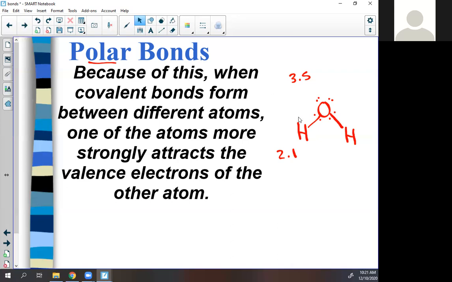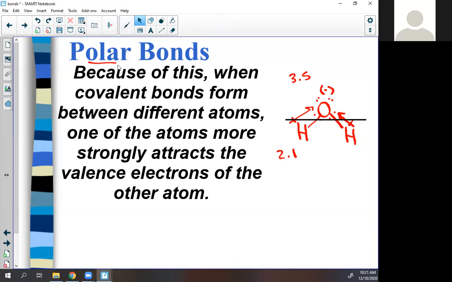We say that the electrons move that direction, which leaves hydrogen slightly positive. And if hydrogen is slightly positive, then the oxygen must be slightly negative. So then what we define as something that's polar: polar simply means two-sided.